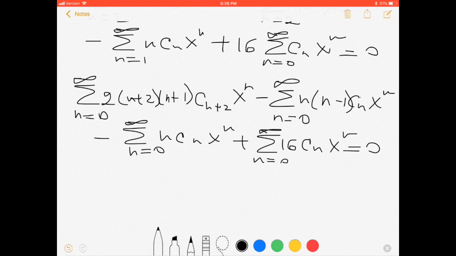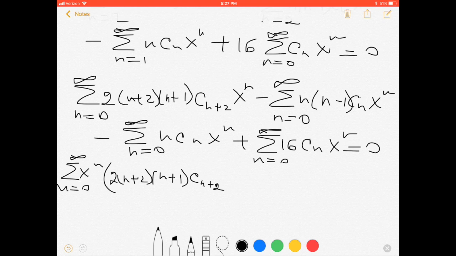If we collect all together, we have x to the power n, starting with 0 to infinity, and in parentheses, twice (n plus 2)(n plus 1) C n plus 2 index, minus n(n minus 1) Cn, minus n Cn, and plus 16 Cn.